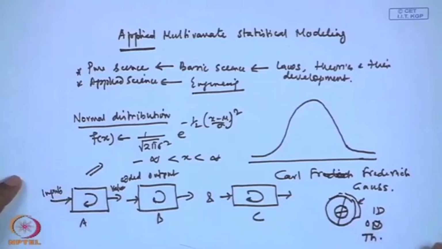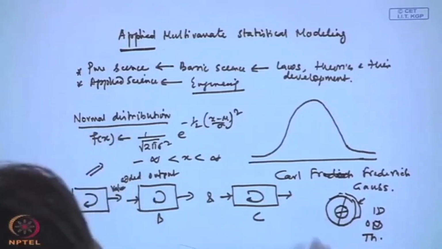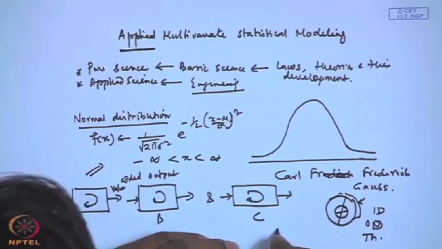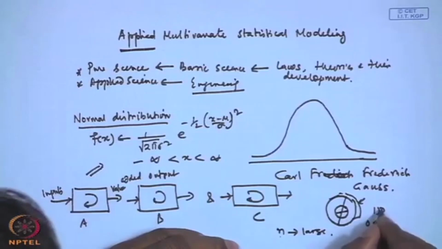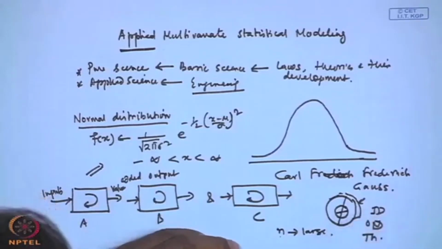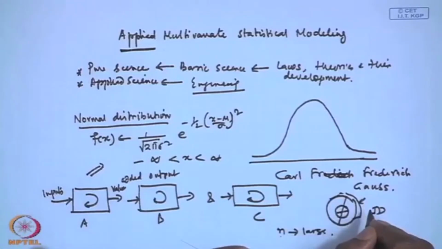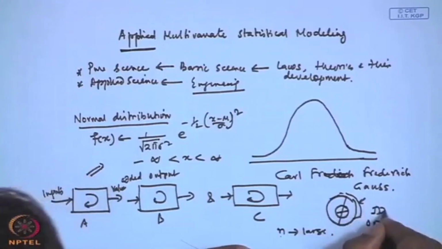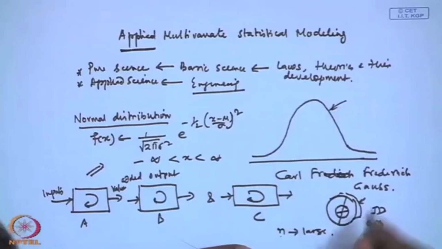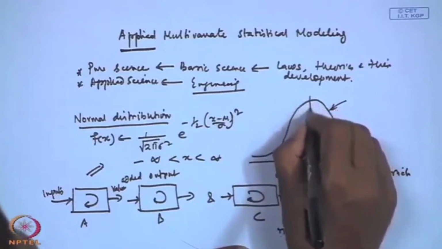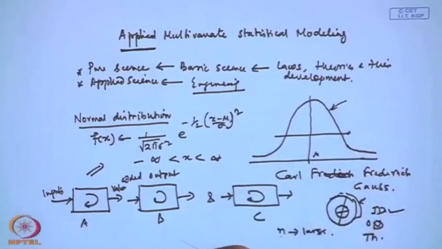Now, if you produce a large amount of steel washers, that means the number of items produced, N, is large. Then suppose the quality characteristic of the steel washer which is important to the customer is ID. If you plot, you may get this type of distribution which is normally distributed, where you will be getting the mean here, and there will definitely be a standard deviation for ID.